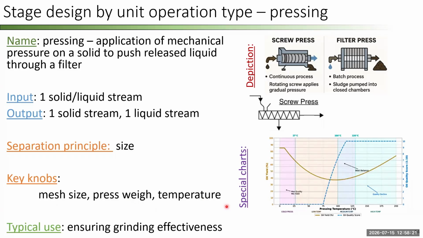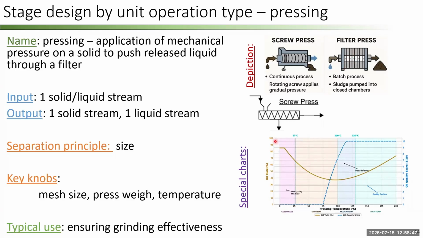Even when I'm saying I'm cold pressing, we often increase the temperature of that press to maybe less than 100 or less than 200 degrees C in order to increase the flow rate of our liquid and help it move out of that filter.